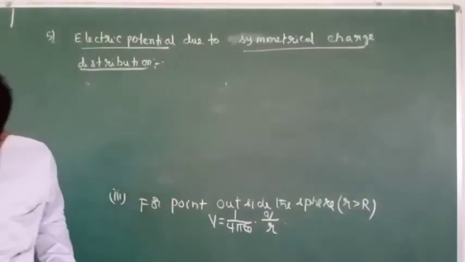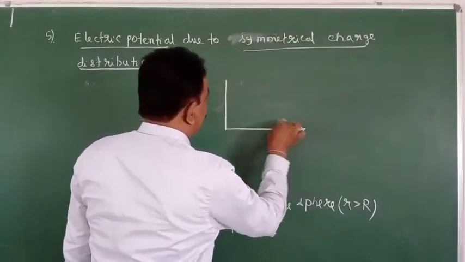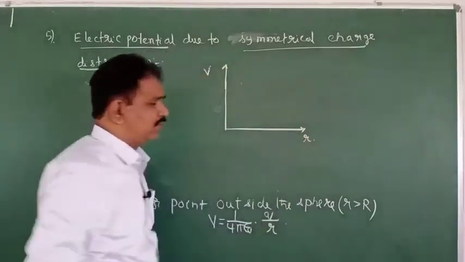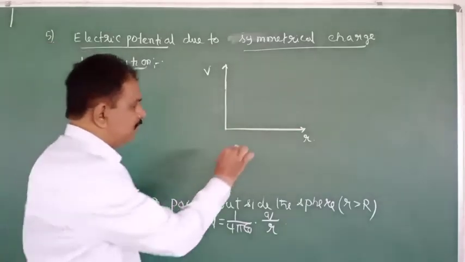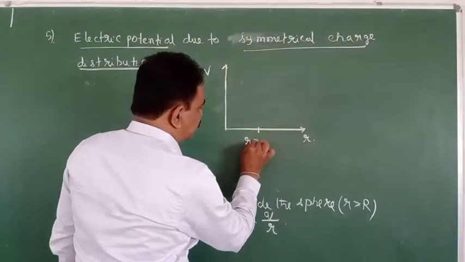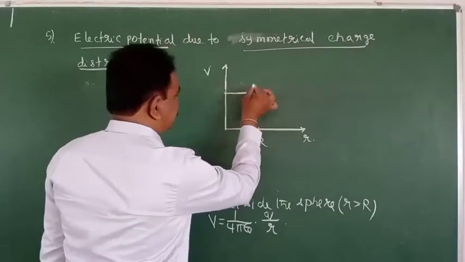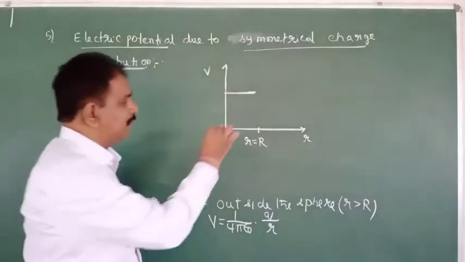So this is the potential value and this is the distance value. How it will vary for the conducting sphere: up to r is equal to R, the graph will be constant, the value will be the same, the graph will be in this manner.